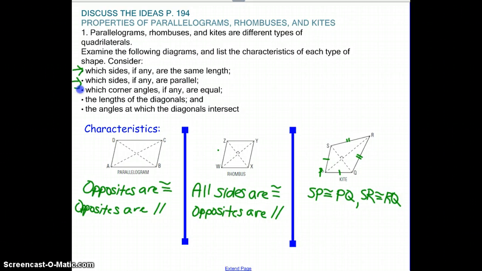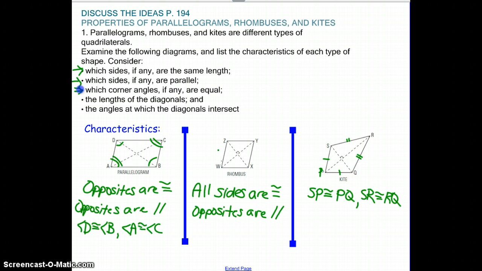Okay, then the next, oh, I just moved my sheet there. The next one, which corner angles are equal? So for the parallelogram, we have opposite angles, or ones across from each other, are congruent. So we have A and C, and angle B and angle D. So angle D is congruent to angle B, and angle A is congruent to angle C. Same with the rhombus.